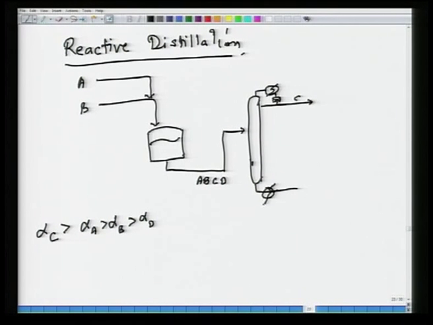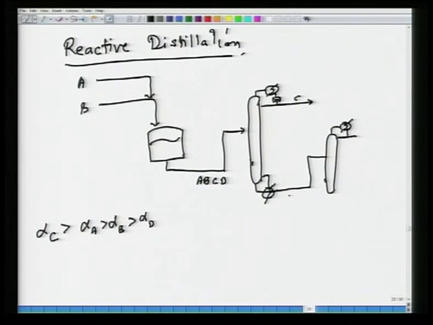Okay, this ABD mixture is sent to the next column. What does the next column do? Light out first.